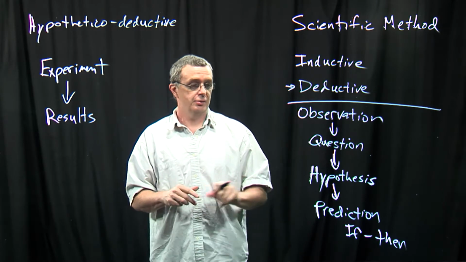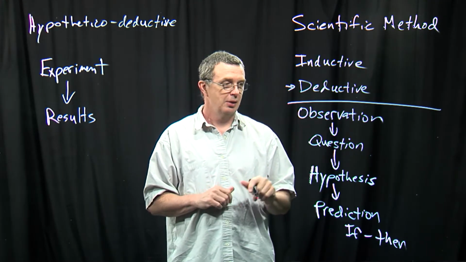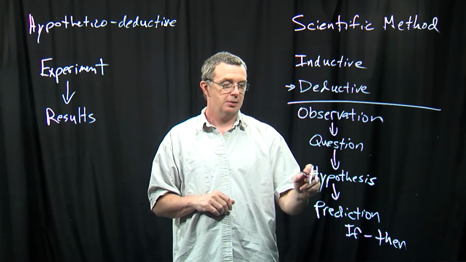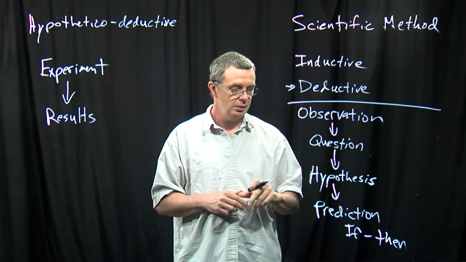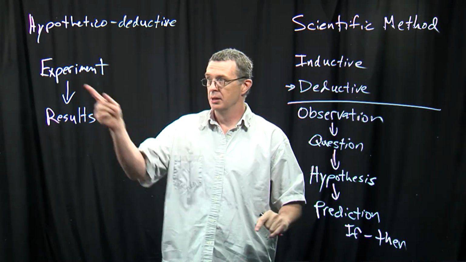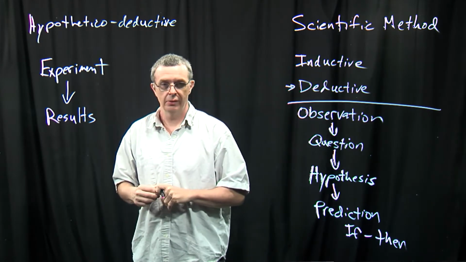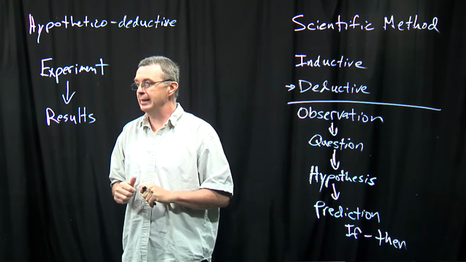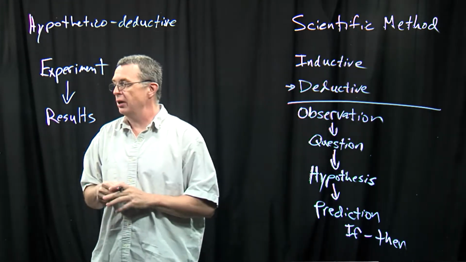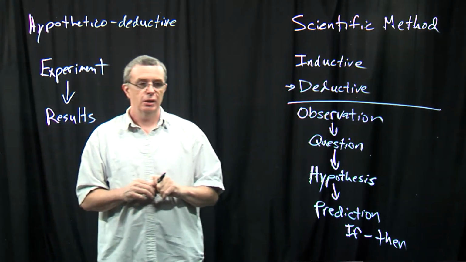If the results do not support the hypothesis, we have to rethink this. So we come up with new hypotheses, make new predictions, and go back and test those experiments again to try and refine and get a better understanding of our hypothesis.